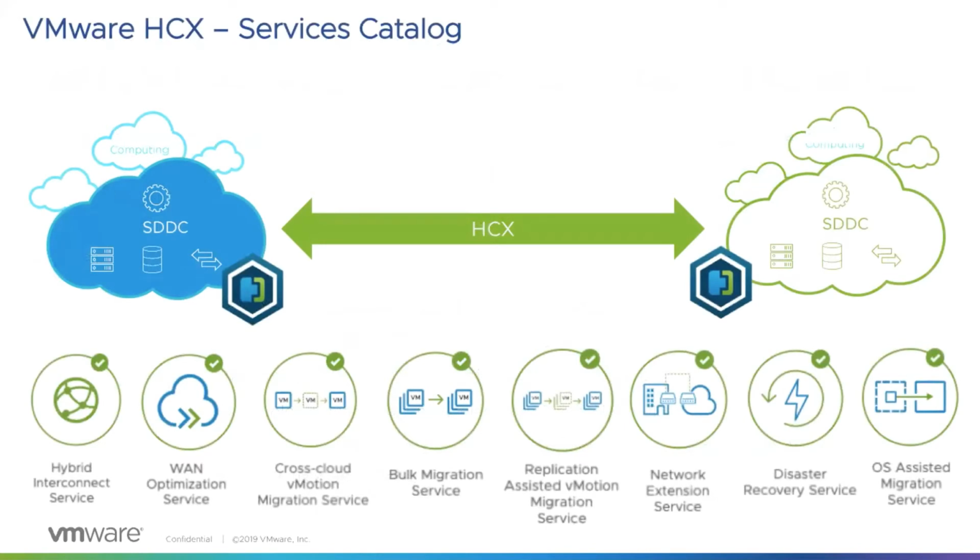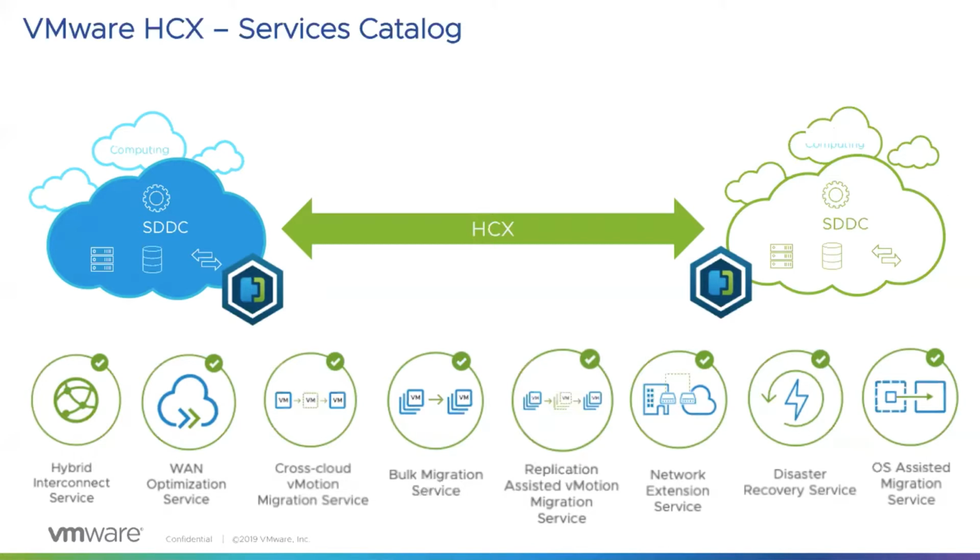Right, so these are the services that HCX Manager enables us to consume. Now, again, all these would be discussed in the following slide. What I wanted to introduce to you was that HCX Manager is deployed on the source and the destination, and then there is a pairing done between the HCX Managers themselves. HCX Manager on the source is HCX Enterprise Manager.